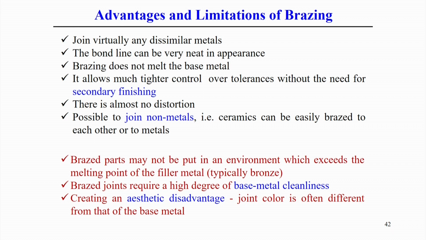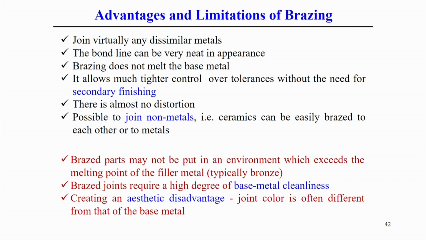The bond line between these two dissimilar metals is very neat in appearance. The main thing is that in the brazing process it does not melt the base metal. Therefore, it allows much tighter control over the tolerance limit without the need for secondary finishing. That is one advantage.